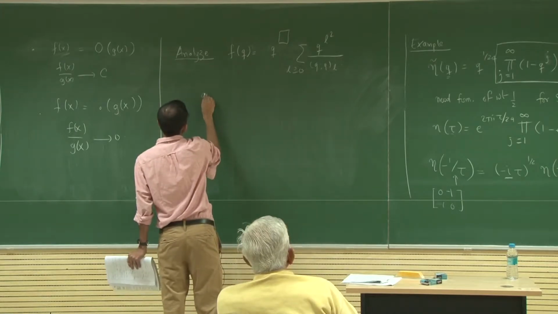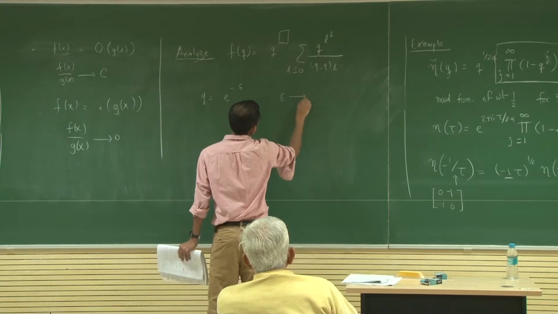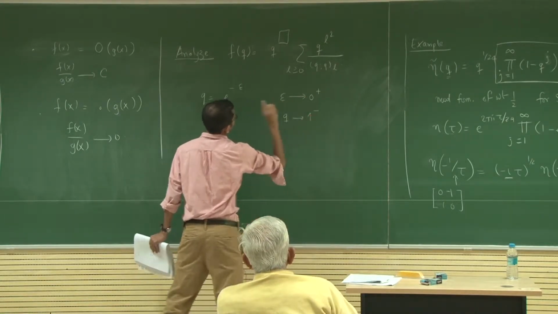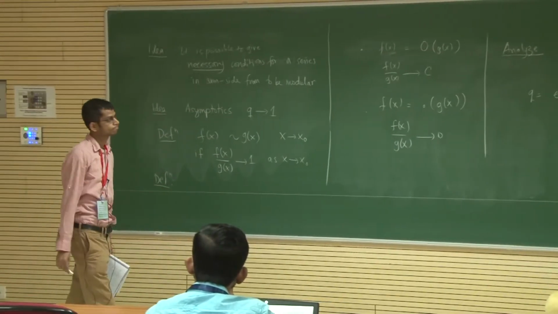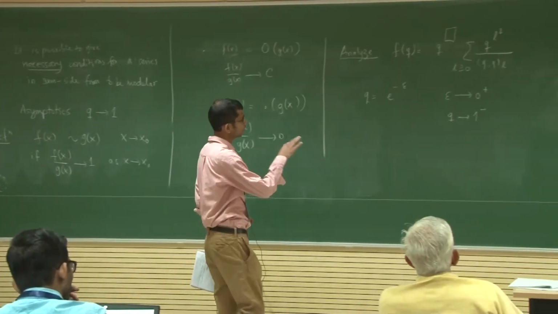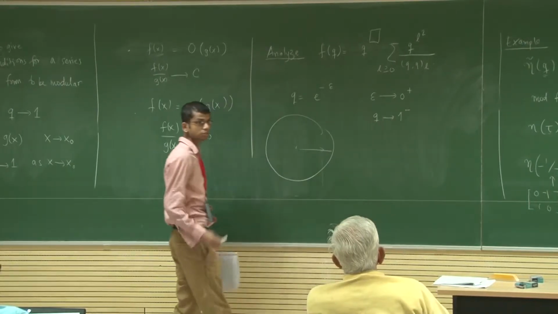We will plug in q as e raised to minus epsilon. As epsilon goes to 0 plus, q will go to 1 from below. It is a radial approach.